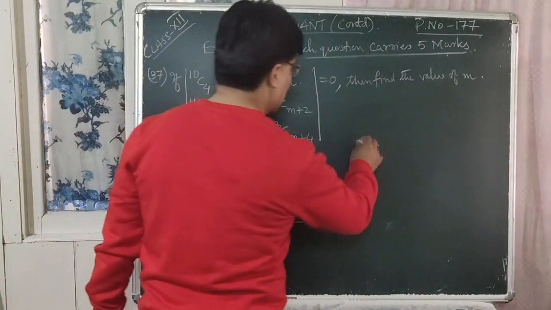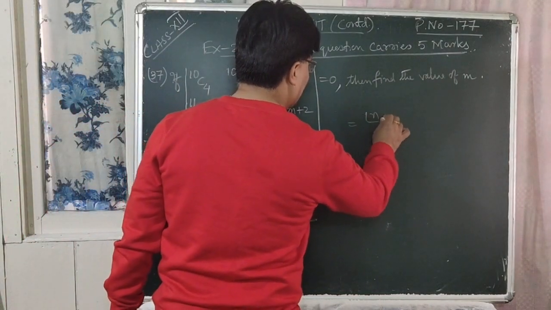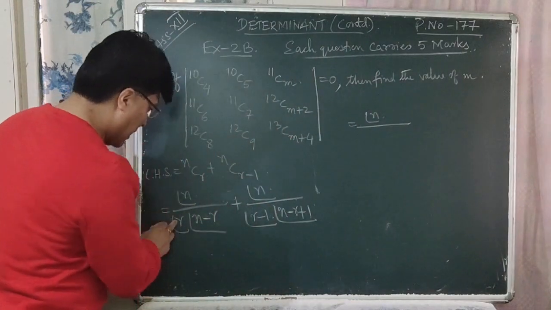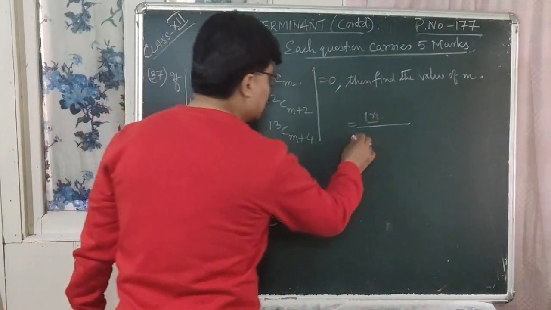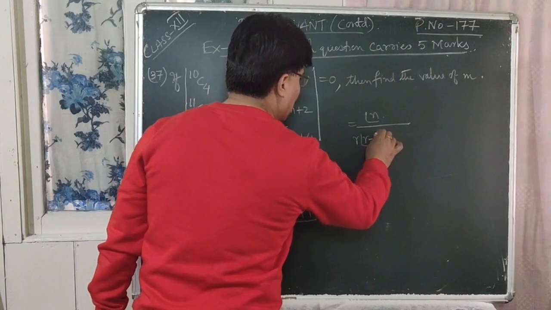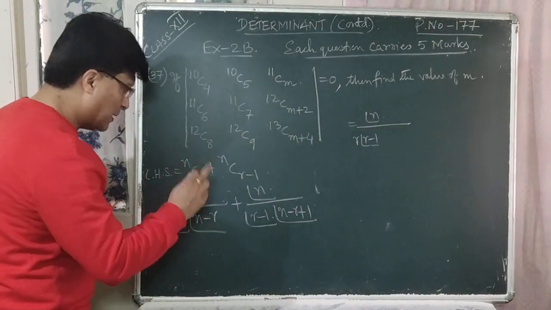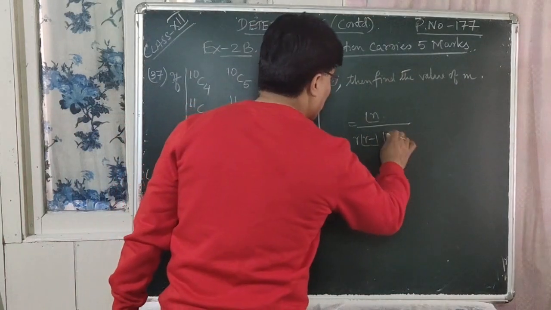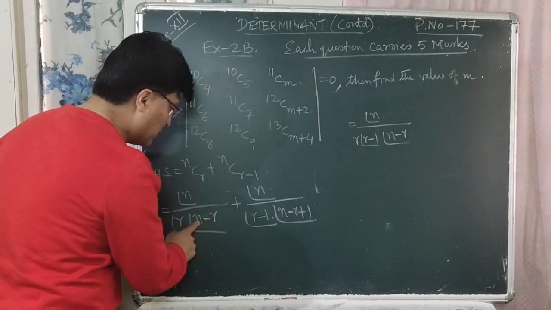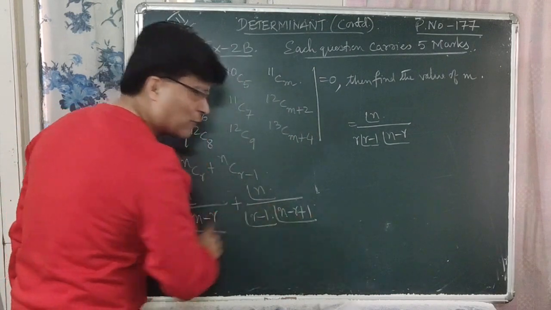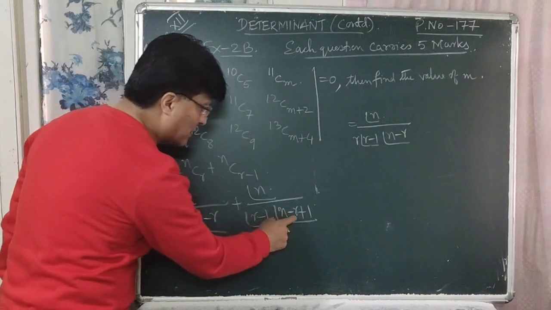So let us write it here: is equal to factorial n divided by, r is more than r minus 1, that means you have to break this term factorial r as r into factorial r minus 1, right? Next, factorial n minus r, this is factorial n minus r, right? Because among these two, n minus r and n minus r plus 1, which one is greater? n minus r plus 1.